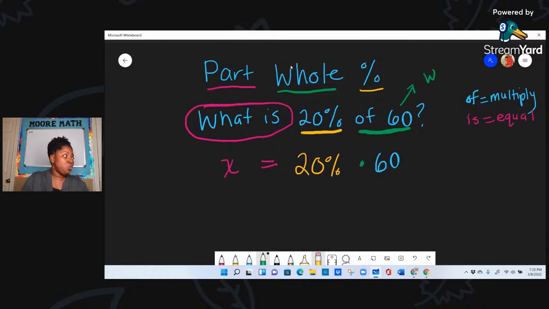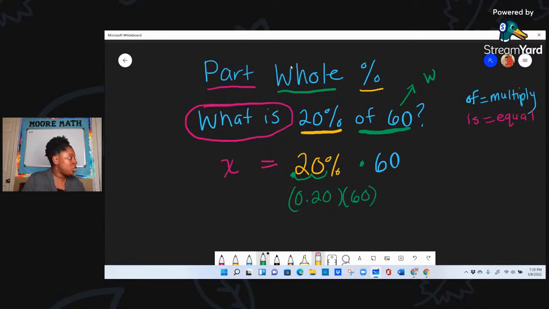To go from percent to decimal, we're going to move our decimal 2 spaces to the left. So think about it. 20% is 20 out of 100, which means 20 hundredths, right? So how do I write 20 hundredths as a decimal? 0.20. So we're really doing 0.20 or 20 hundredths times 60.